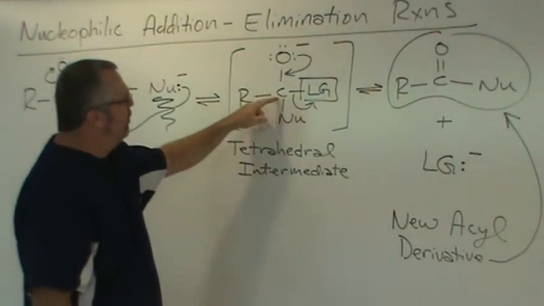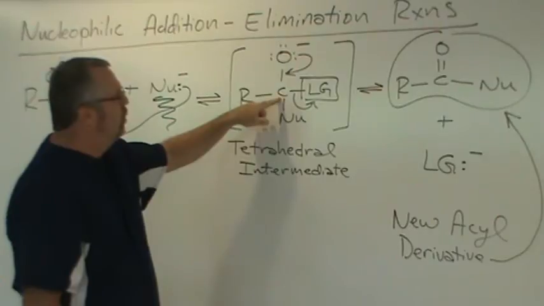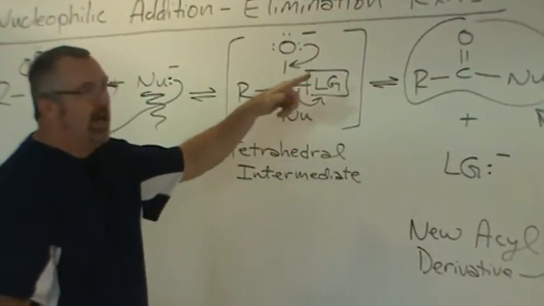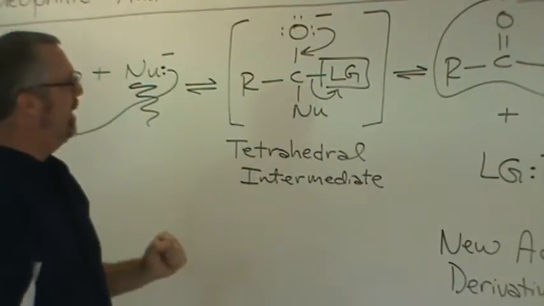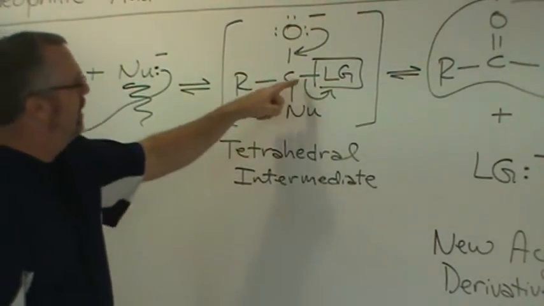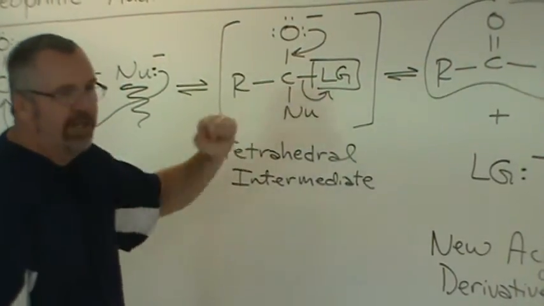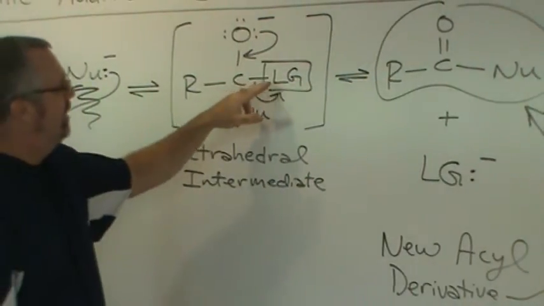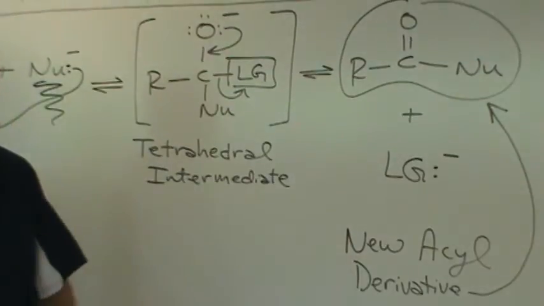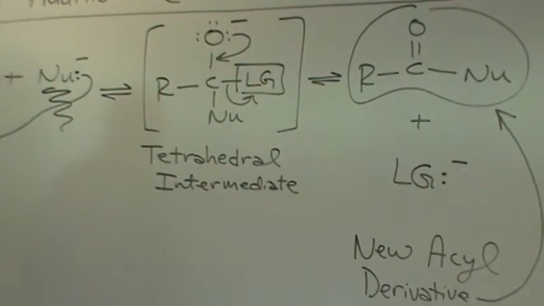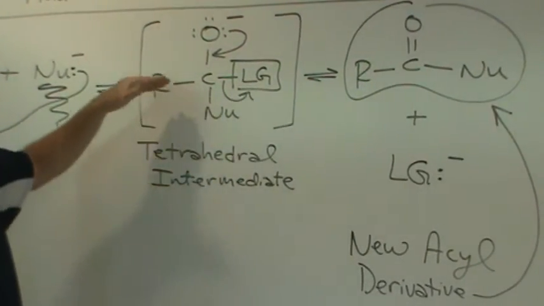When that happens, this carbon would be in violation of the octet rule unless it loses a bond to something that's already there. Now, if you look at the tetrahedral intermediate, what can it lose a bond to? Well, clearly I'm showing that it tosses out the leaving group and the leaving group takes the 2 electrons with them. So clearly the leaving group is the most likely suspect. But there are other bonds that are attached here.